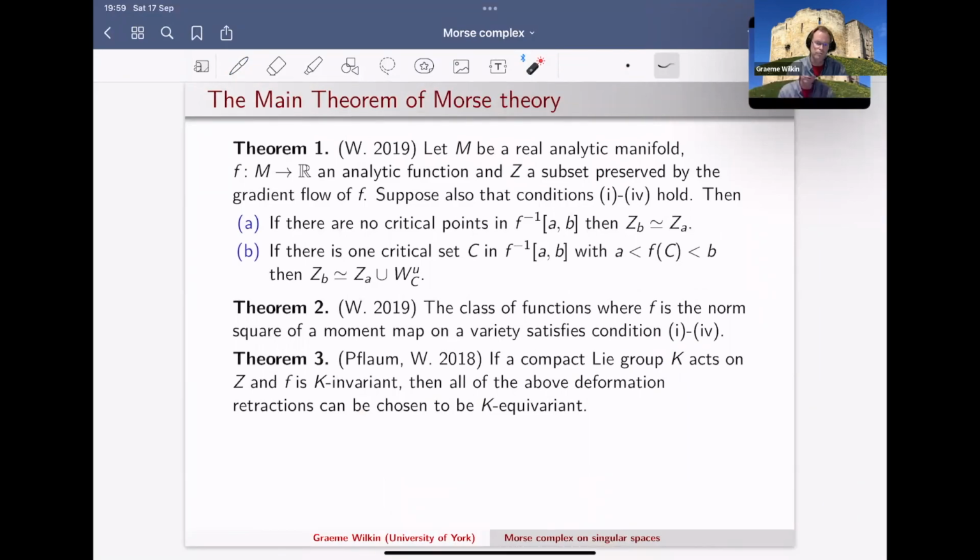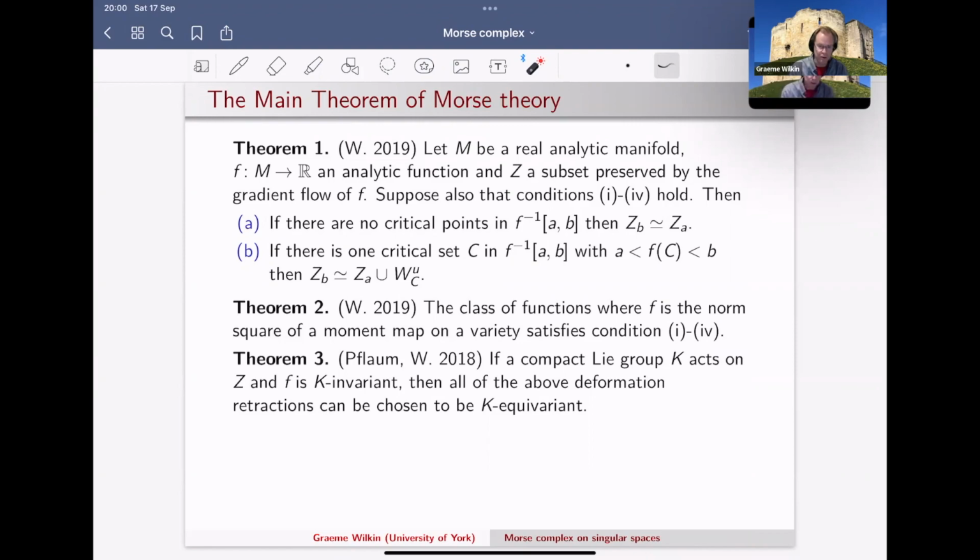So this is from a few years ago. We take some real analytic manifold and an analytic function. So that means that it has nice flow properties. Essentially, this condition 2 works in that setting. And then you have some subset preserved by the gradient flow. The subset could be singular, but we know that conditions 1 to 4 hold.